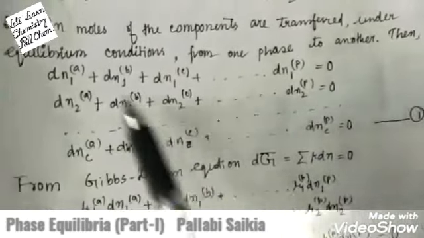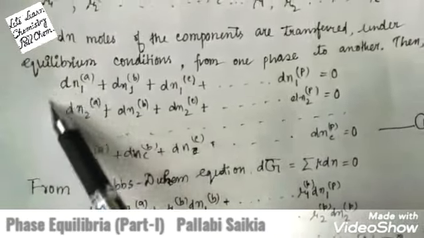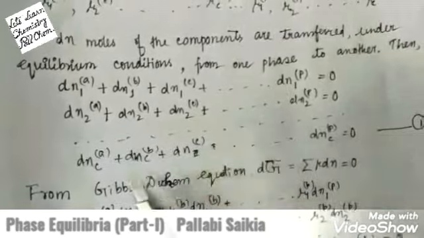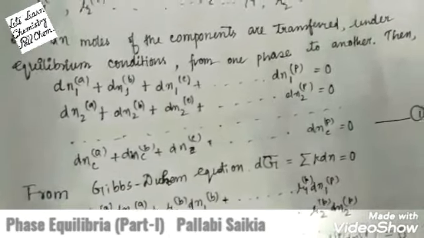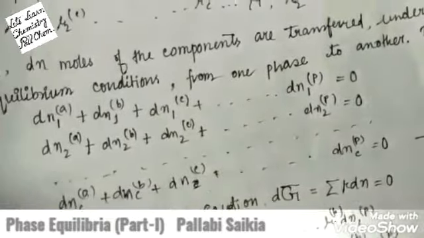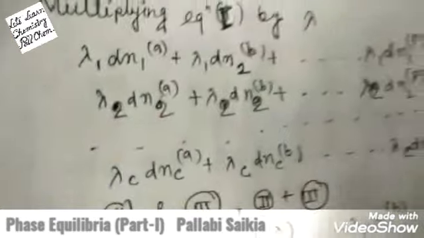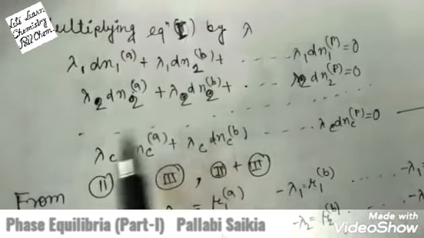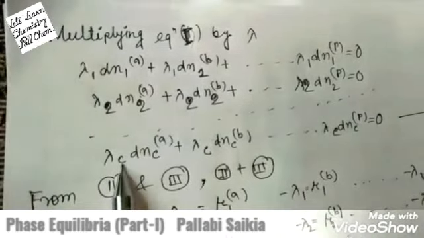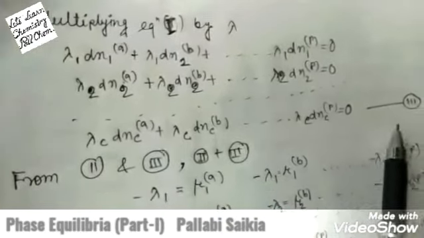Now, if we multiply equation 1 by a constant lambda, lambda 1 for this, lambda 2 for this, lambda 3 for this, lambda n for this, then we will get lambda 1 dn1a, lambda 2 dn2a, lambda c dnca for P phase is equal to 0.